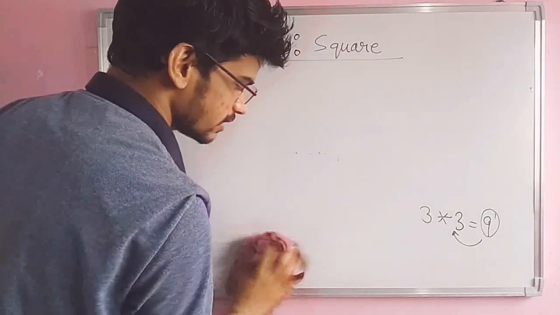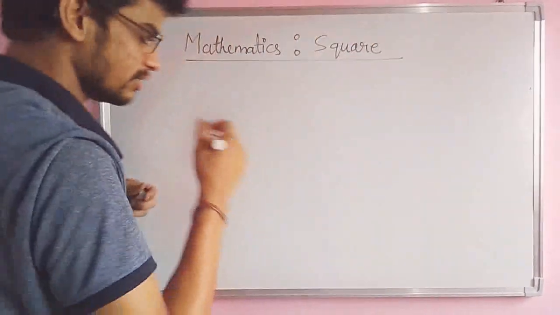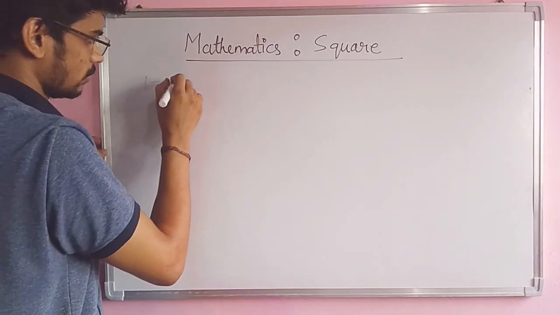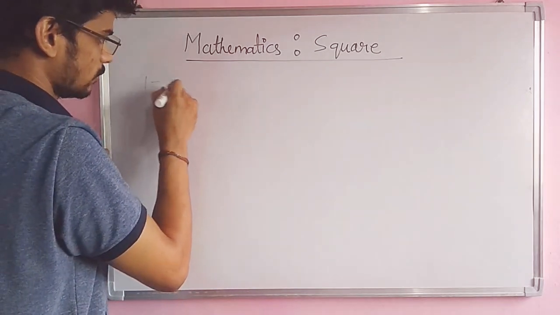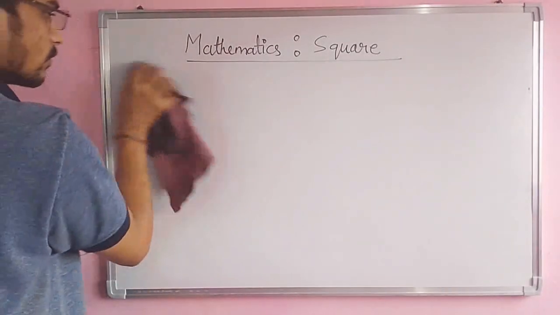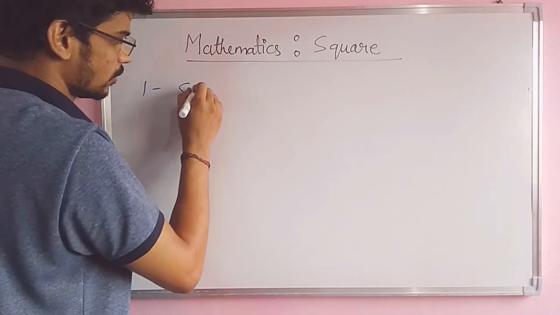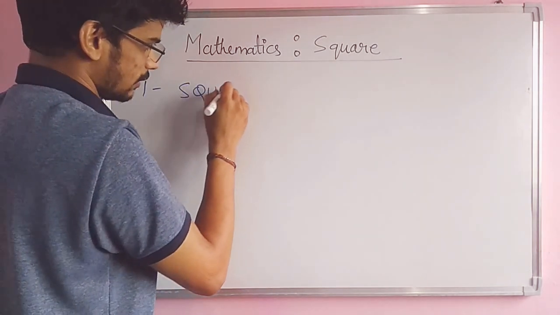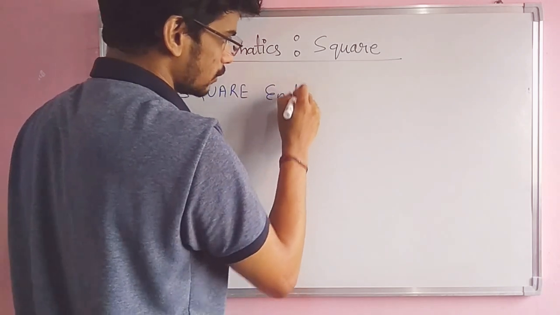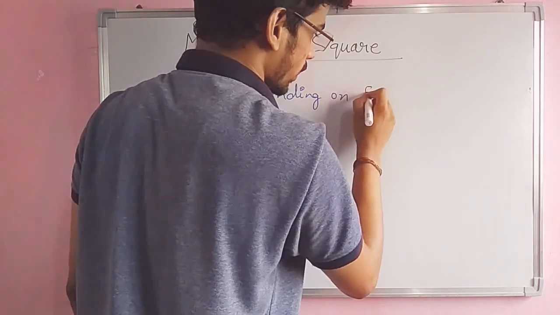We categorize the square into some categories. First one is square ending on 5.